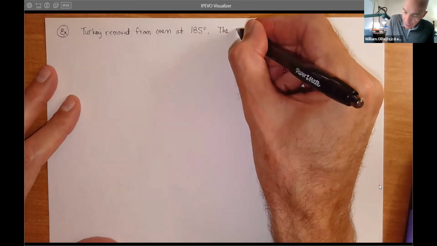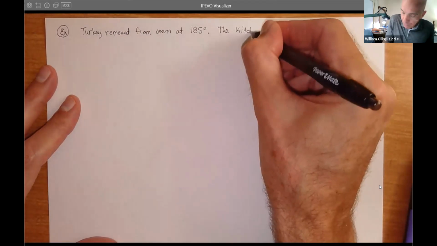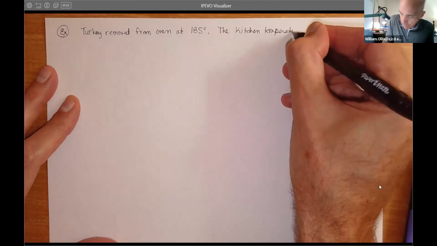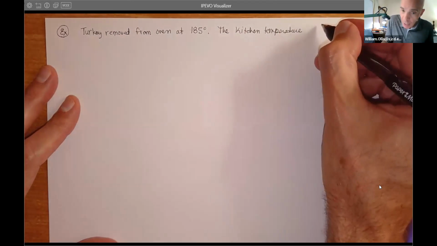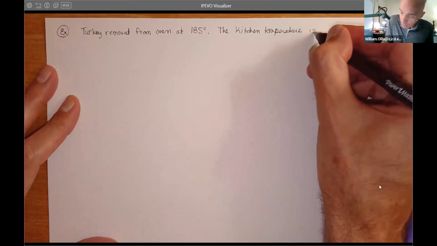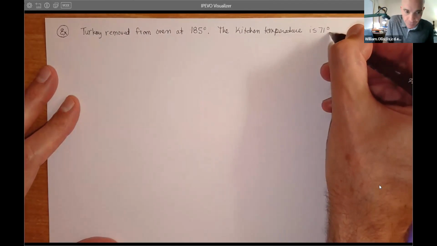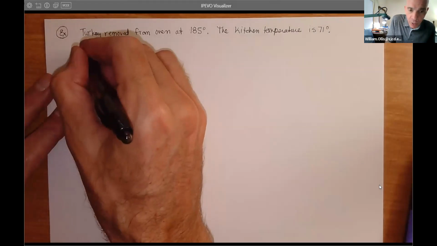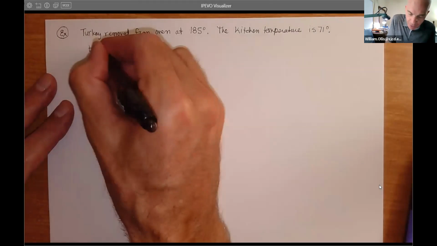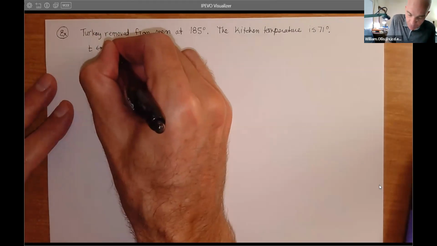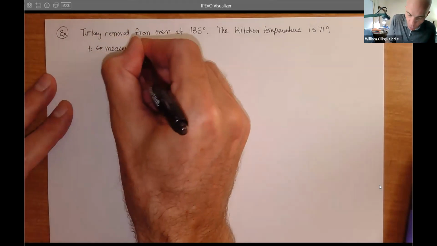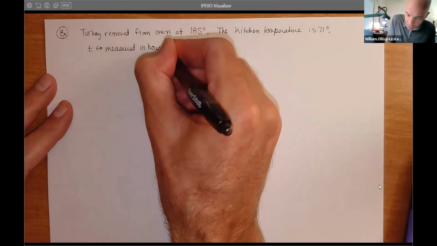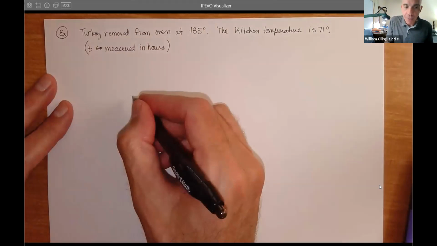The kitchen temperature is 71 degrees. Okay, and then what we're going to do is t measured in hours. So we'll agree that t is measured in hours, so we have a consistent time dimension.